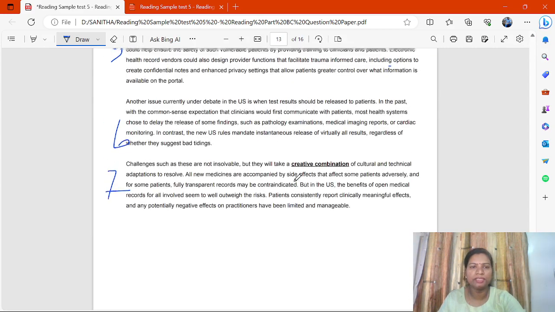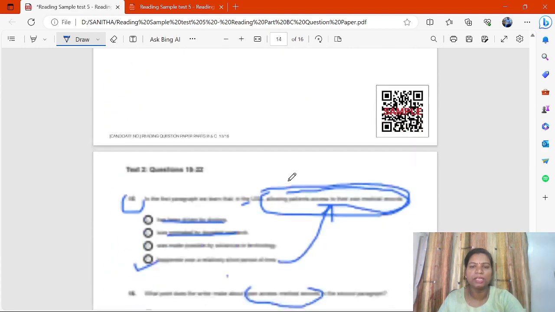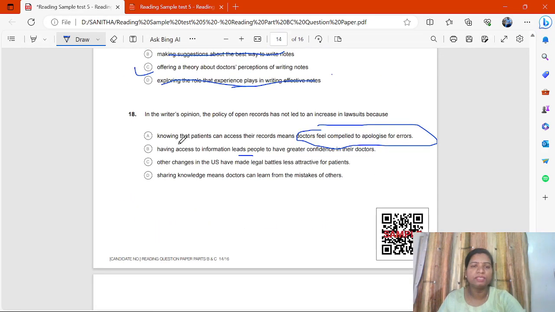You can go through the passage. No, it is not said anything about this sentence anywhere. Directly eliminate that option. Don't waste your time finding out the answer.